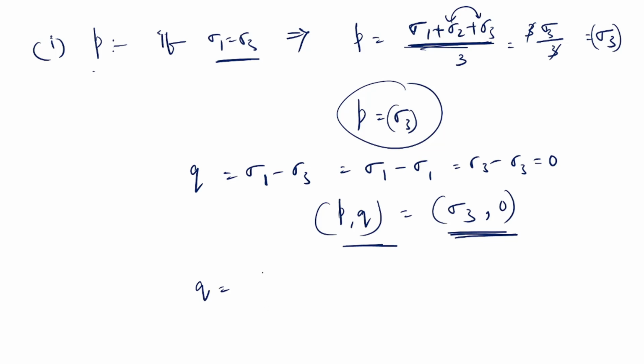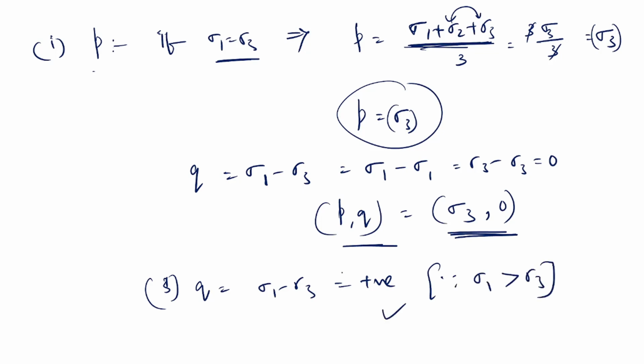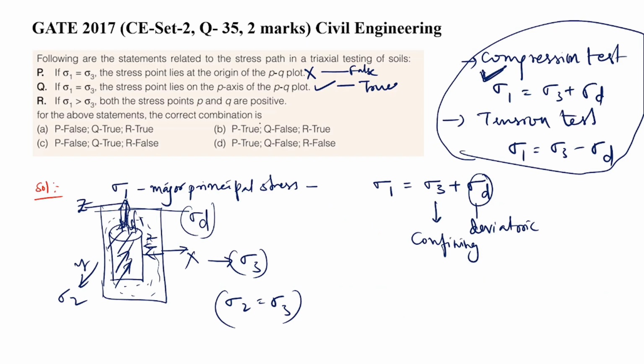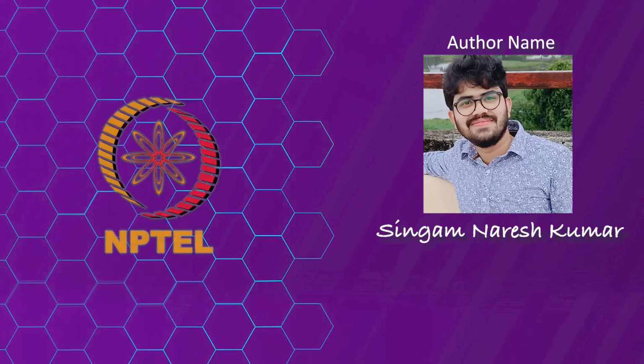So if sigma 1 is greater, sigma 1 minus sigma 3 is positive since sigma 1 is greater than sigma 3. So both are positive, so this is true. Now see the options. P false, Q true, R also true. So the answer must be A. Thank you.